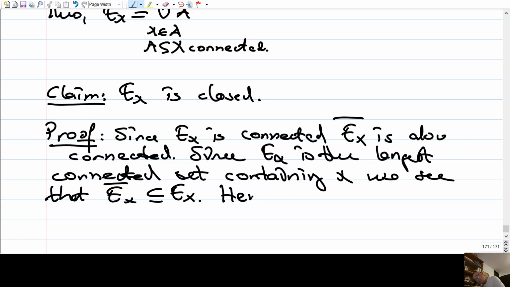Hence, EX should be equal to its closure. And this finishes the proof, right? So EX is closed. Okay.